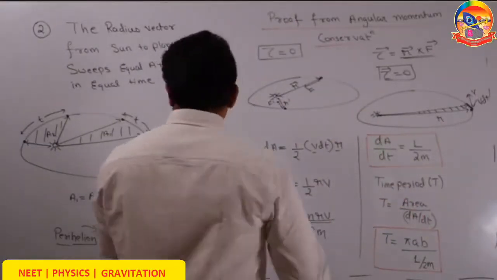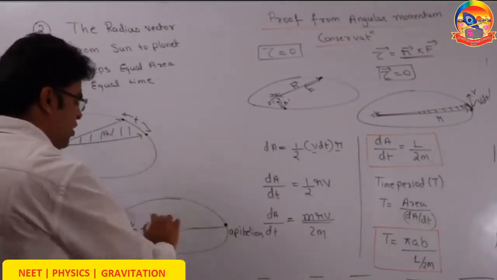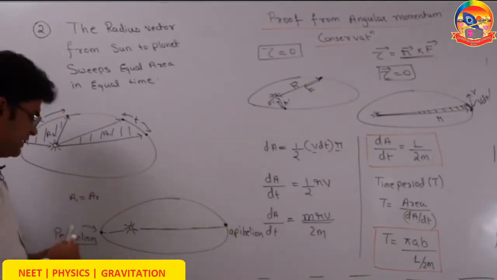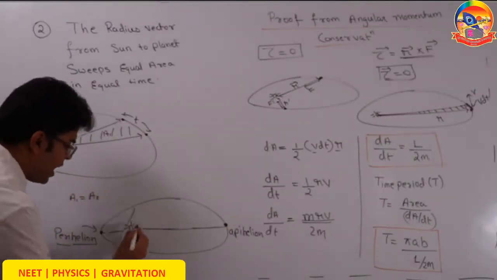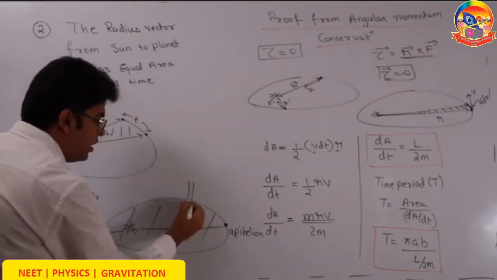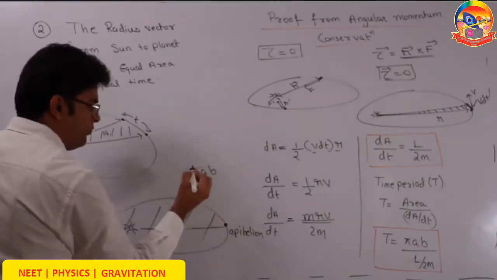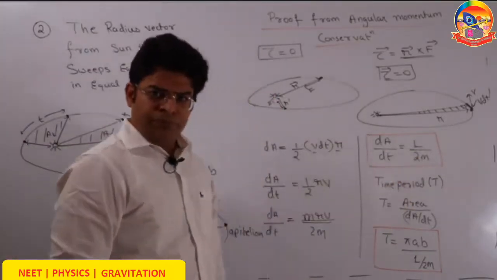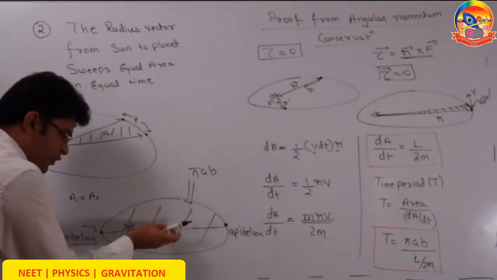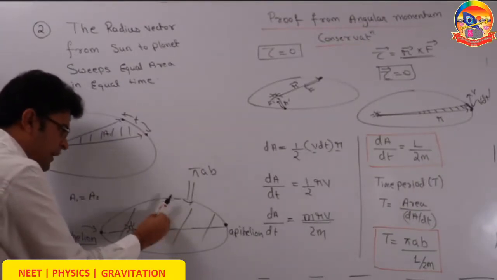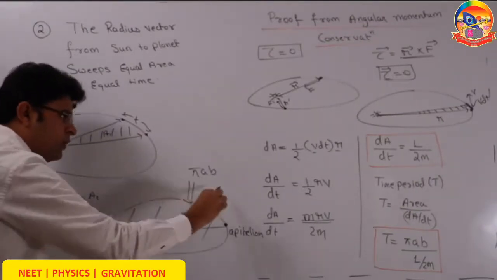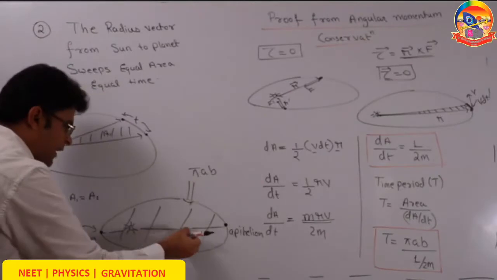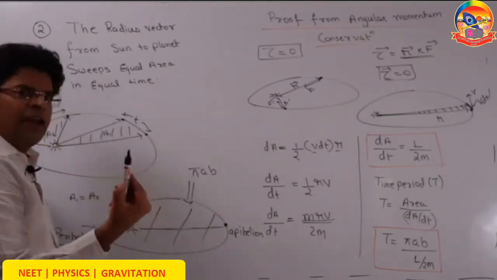We know that the planet moves in an elliptical orbit, and in the last session we have learned that the area of the whole ellipse is equal to pi ab. The rate of sweeping of area is L by 2m. We know at what rate the planet sweeps the area, and we know the whole area. Once the planet sweeps the entire area, one cycle will be completed.